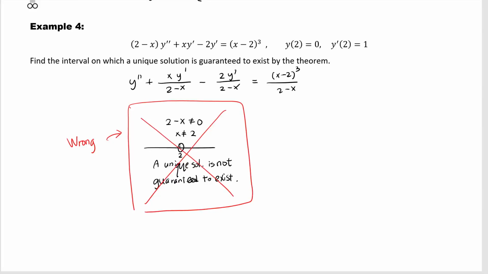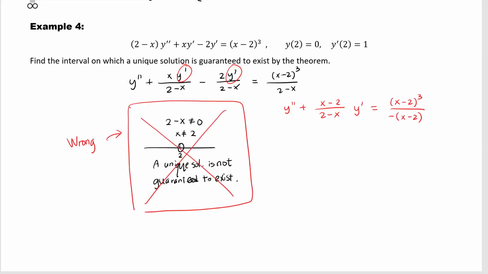Okay, can you see there are actually two y prime terms? So you can group them together. You get y prime prime plus, when you group them together, you get (x minus 2) over (2 minus x), times y prime. And on the right, you can see (x minus 2) cubed, but what's 2 minus x? 2 minus x is actually negative (x minus 2).